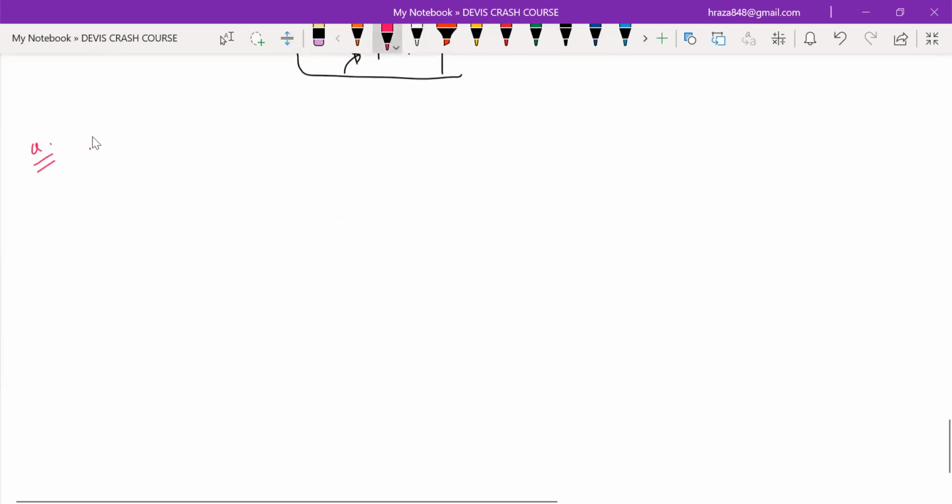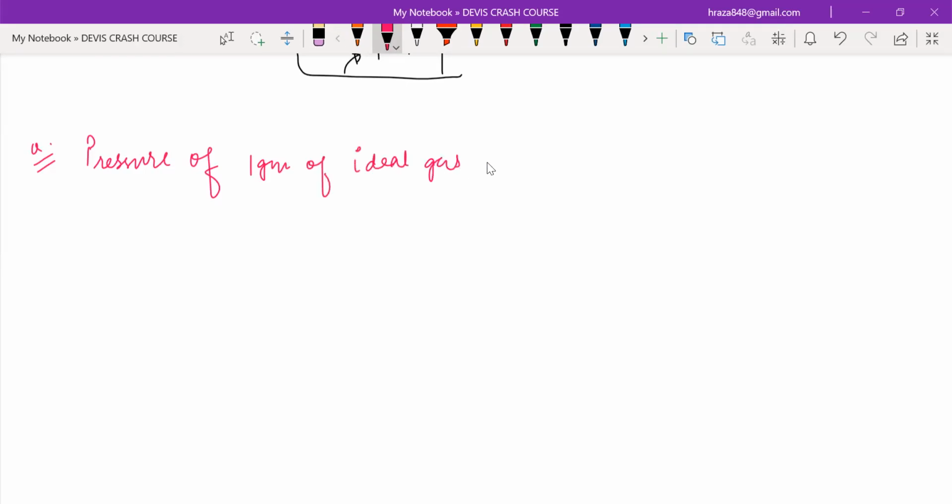Okay, the question is: the pressure of 1 gram of ideal gas A at 27 degrees centigrade is found to be 2 bar.